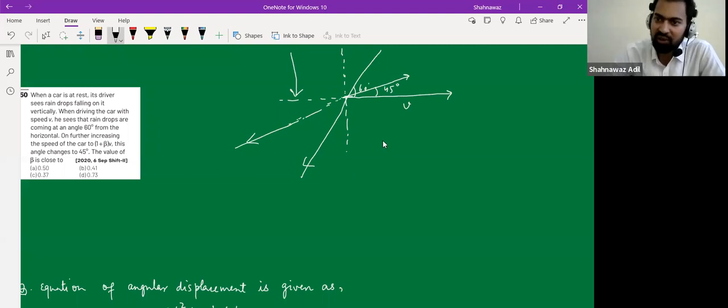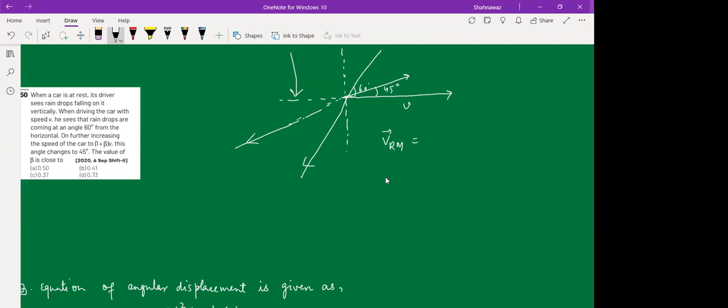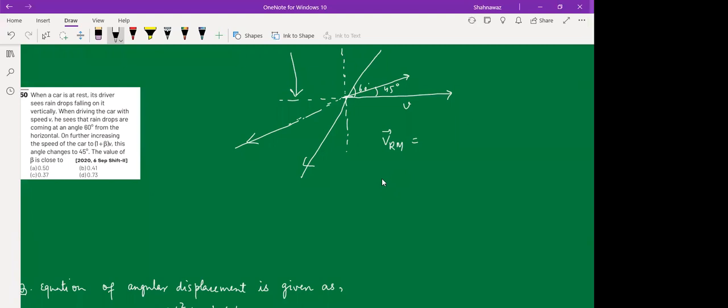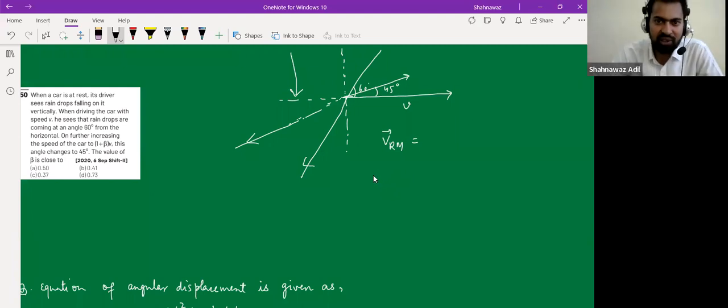So firstly, we'll have to calculate what? So VRM first. What was it? Anybody? So is this case 1 or case 2? Case 2. Yes, case 2. So we will have to use the relative motion, right? Yes, sir. So first we will calculate what? This one. So let's just use this case.